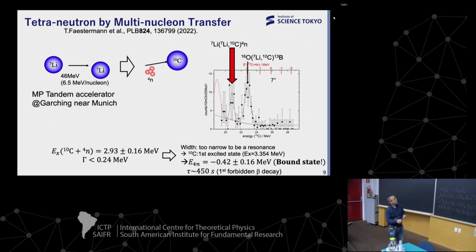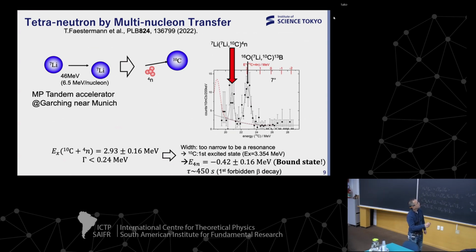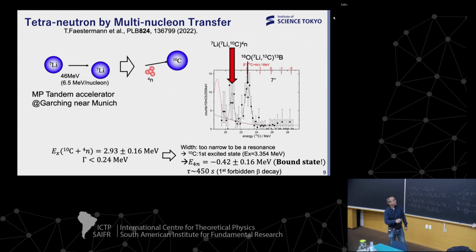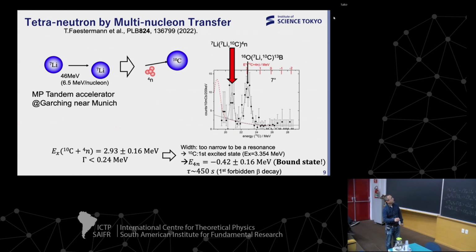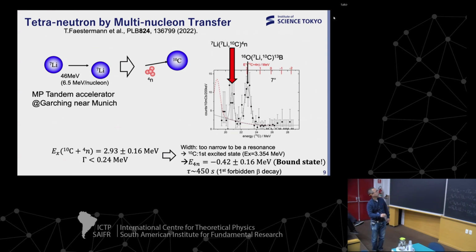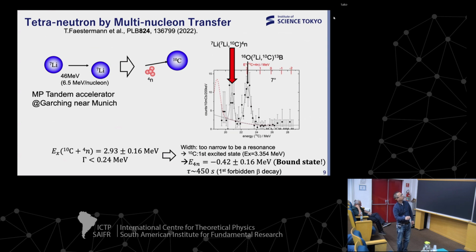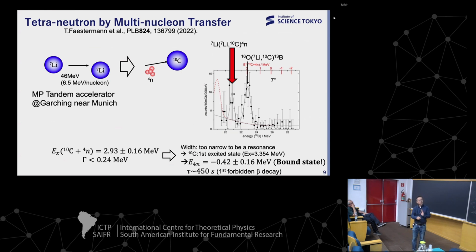But they claim that this other peak is due to lithium-7 going to carbon-10 plus tetraneutron. This corresponds to the excitation energy 2.93 plus or minus 0.16 MeV, and the width is less than 240 keV. If the carbon-10 is at the ground state, the energy is actually 2.93 MeV.